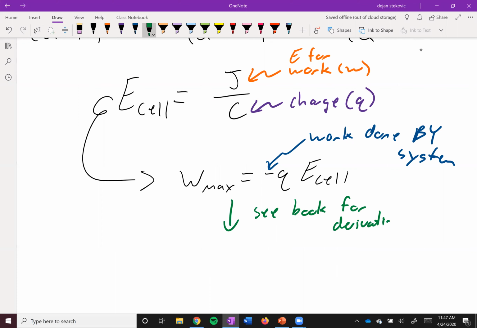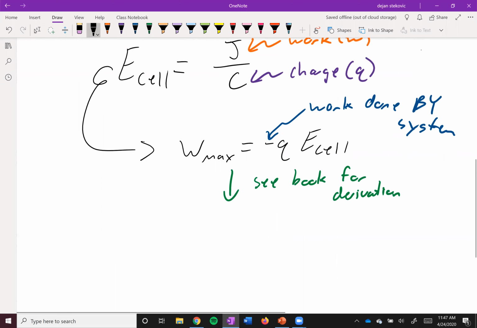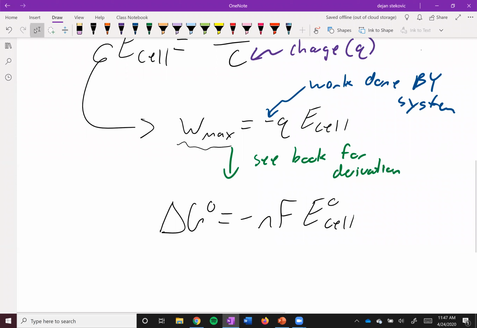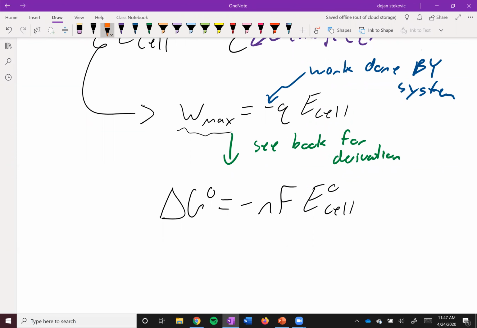This isn't a calculus or a math class, so we won't really do derivatives. But think about it. Work max, what does that also mean? Well, that's delta G. And so delta G ends up being negative n F E cell, where n is the number of moles of electrons, and F is Faraday's constant.